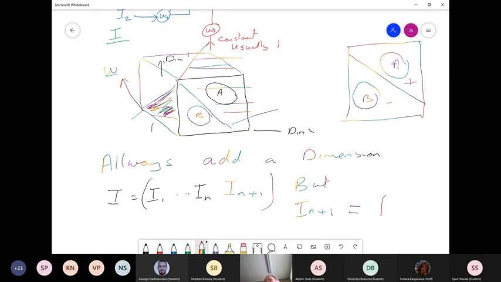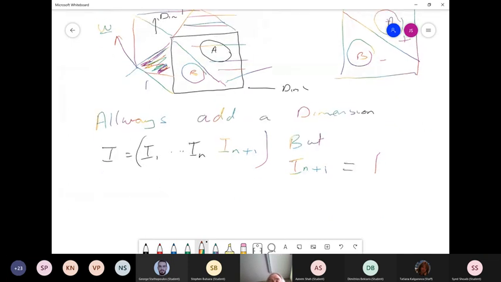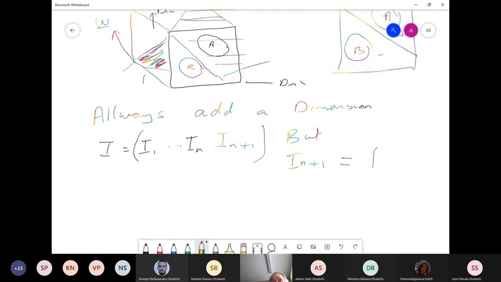The key thing is, if you regard the patterns as D plus 1 space, the patterns will always have the final dimension as 1. And the weight vector will be W1 right the way through to Wn, and we will have a real weight vector Wn plus 1.